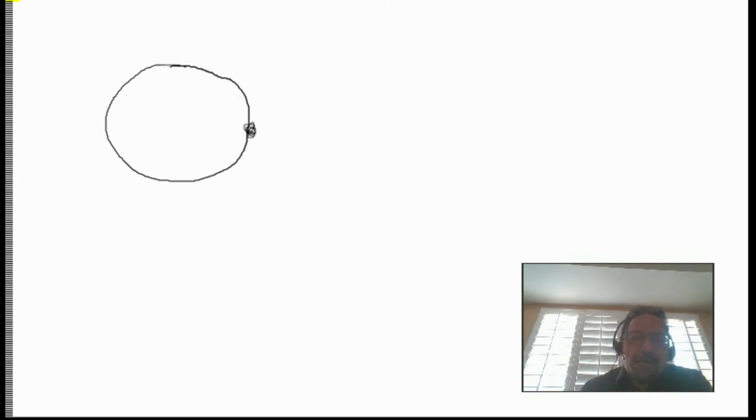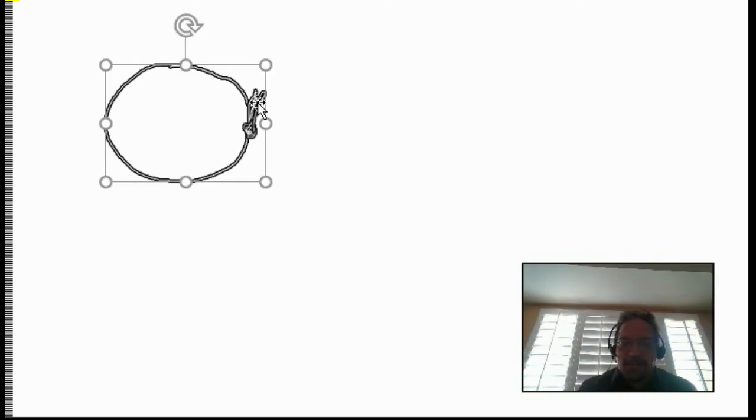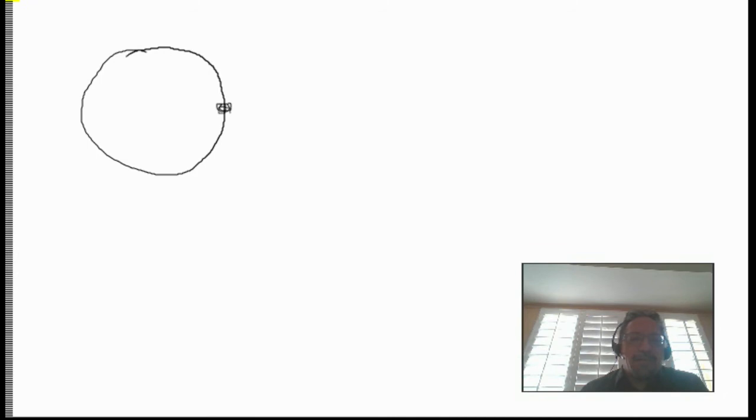And again, we have the object moving with some velocity. Even if the circle is not well drawn, we should be able to think about the velocity there.